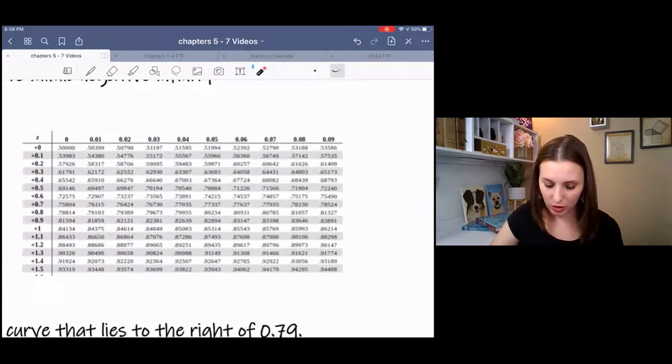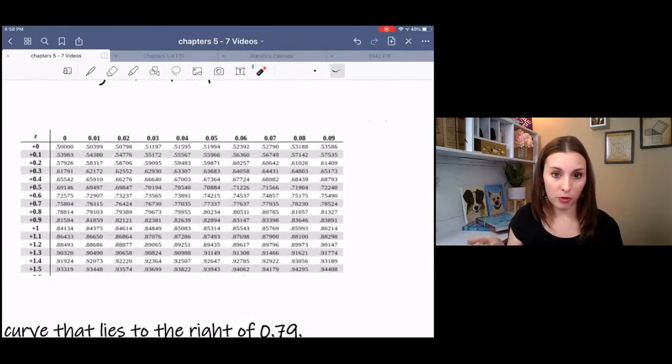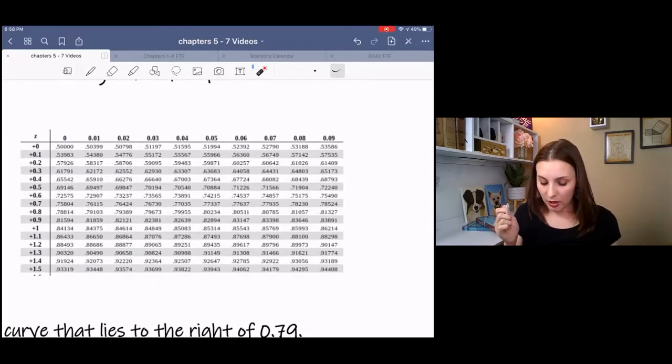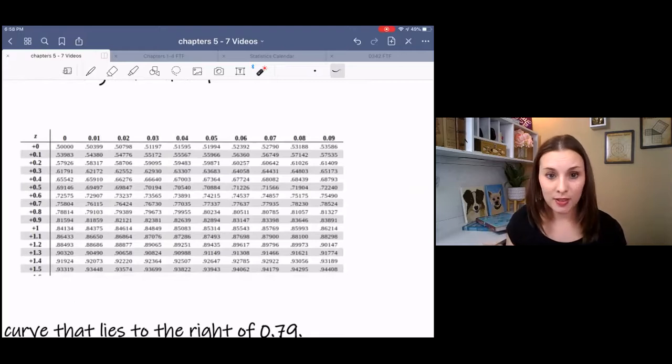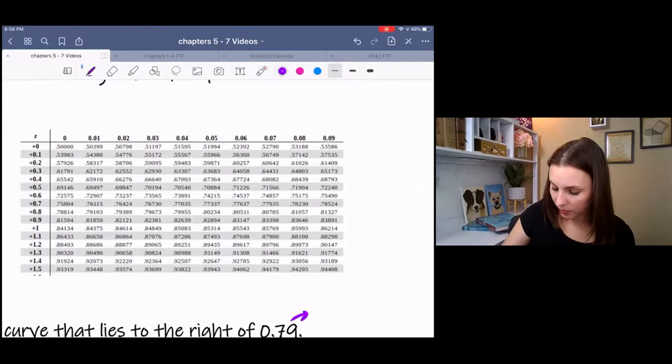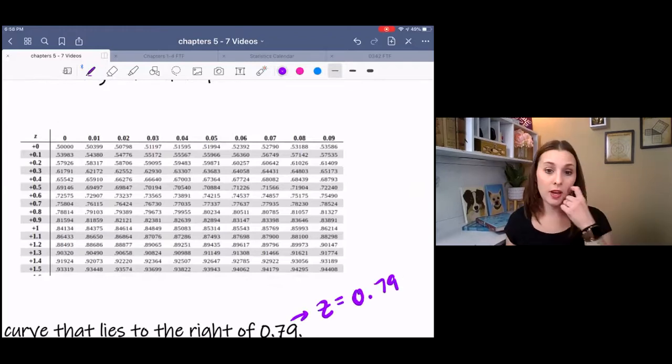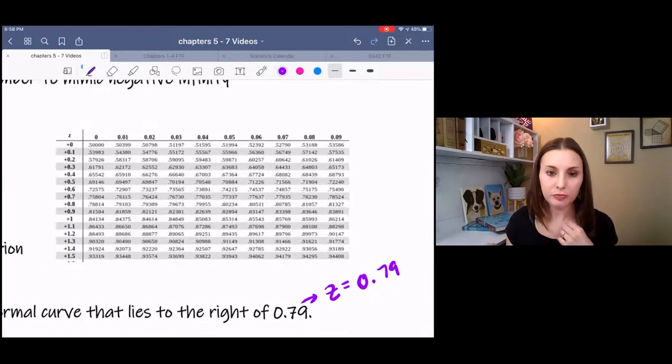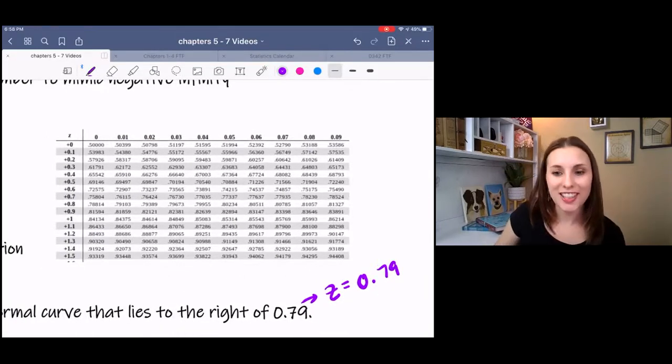I added this later. You have the table in your textbook if you want to use that. But you're finding the area to the right of 0.79, so the z-score is 0.79, and you're finding the area. So go ahead and pause it and come back and check your answer.